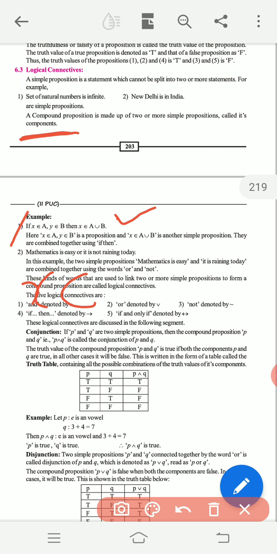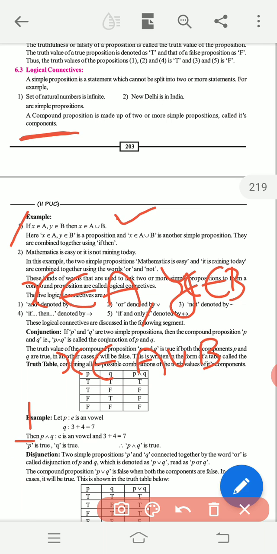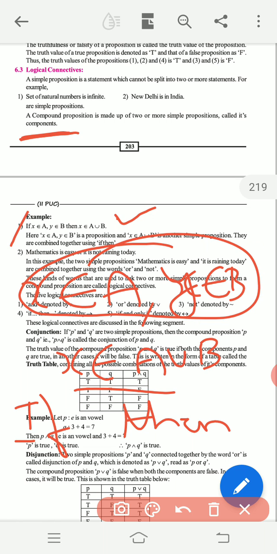The first one is X belongs to A, Y belongs to B, consider this as one statement. The second statement is X belongs to A union B. These two are related by if and then. If first statement, then second statement. These two are called component statements.